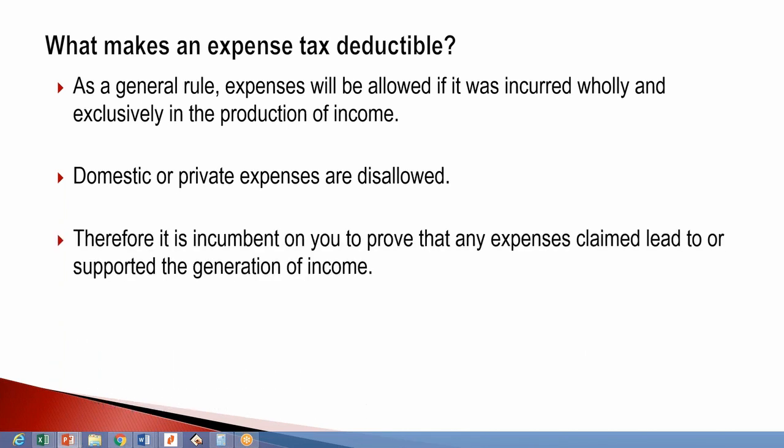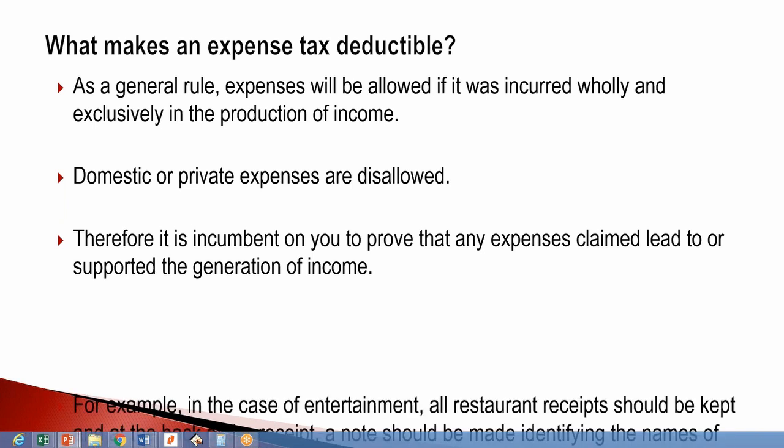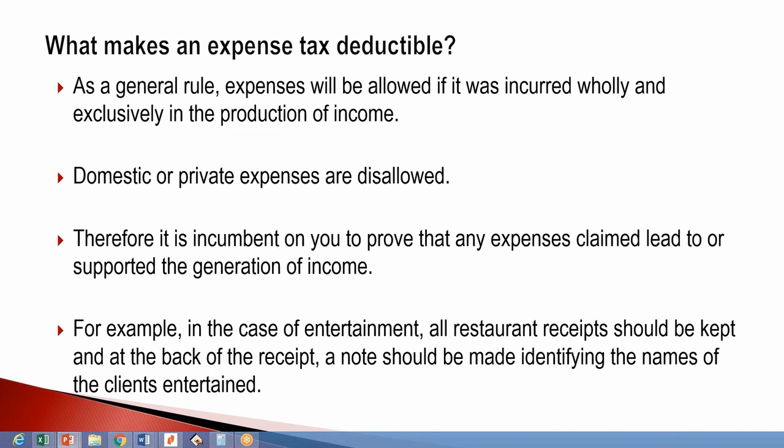Therefore, it is incumbent upon you to provide the expenses that you want to claim for and show that it's supported by the income that you're generating. For example, in the case of entertainment, all restaurant receipts should be kept, and at the back of the receipt, you should indicate what or who you had the dinner with, and maybe a little description of what the purpose was.